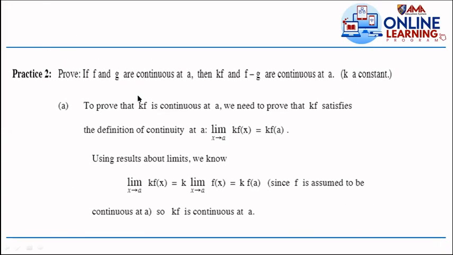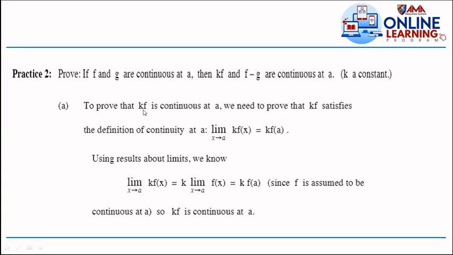Okay. So, practice tayo, no? If f and g are continuous at a, then k multiplied by f, so this is your multiplication, constant multiplied by f, and f minus g are continuous at a. Okay? So, k is a constant.